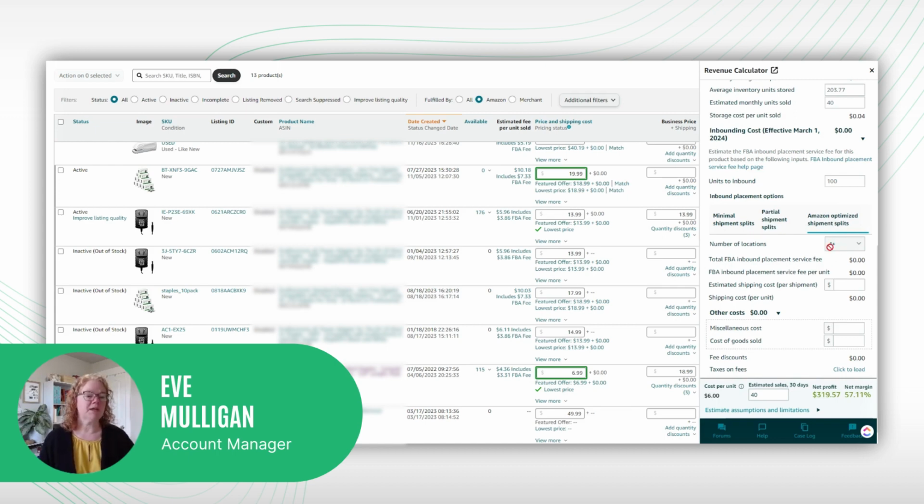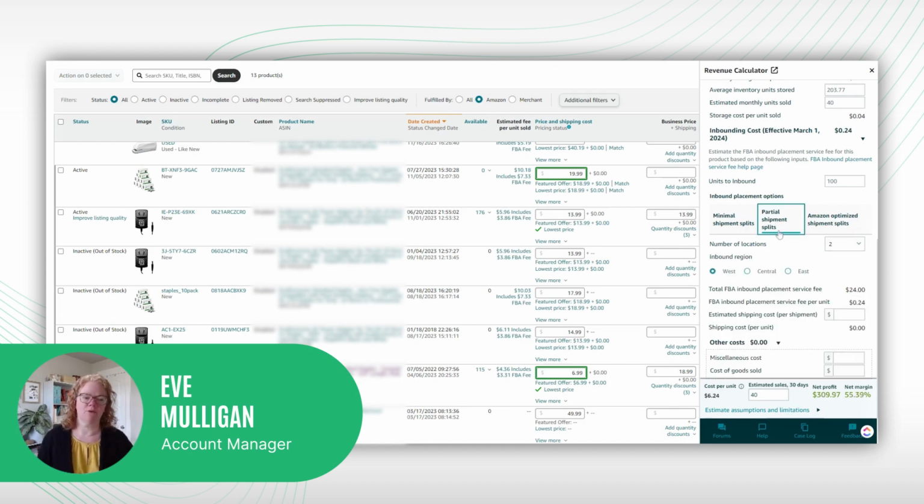If I split it into 4 shipments, it's telling me I can probably avoid that fee. Partial shipments, you can see that it's 24 cents a unit to the west, 23 central, and 18 east. You can also do 1 shipment west, central, and east again.